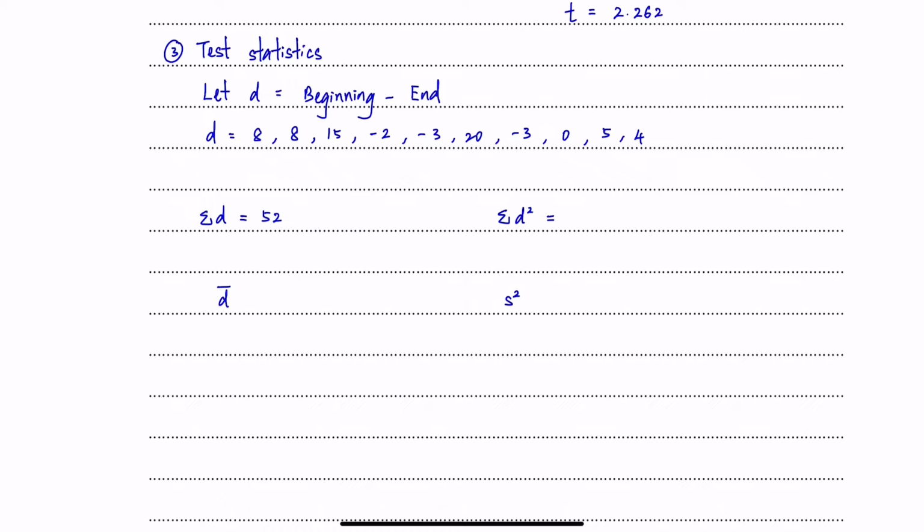And the sum of D squared is we square all these values and add everything up. So we would get 816. So now the mean of D would be just 52 divided by 10, which is 5.2. And S squared would be 1 over 9 times 816 minus 52 squared over 10. And this would give us 2728 over 45.